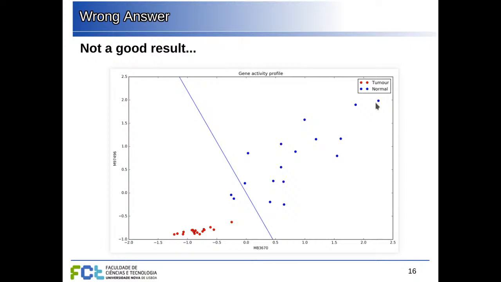So if they are on the right part of the division, then they're okay, and it doesn't matter if they are far away. So this is an example of an important difference between regression and classification.